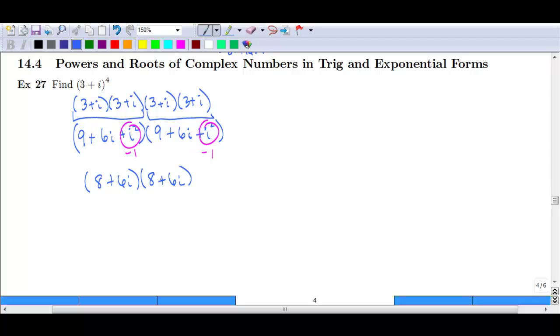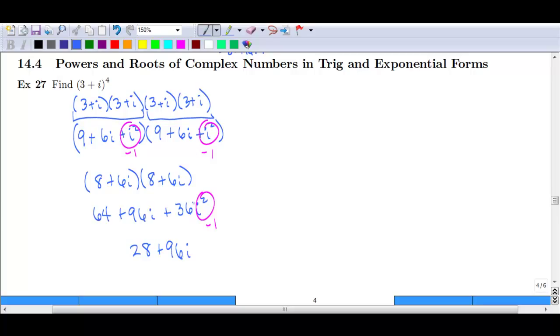Then we can multiply these together. We end up with 64 + 96i + 36i squared. Again, i squared is -1, so that makes that -36. We end up with 64 minus 36, so 28 + 96i.